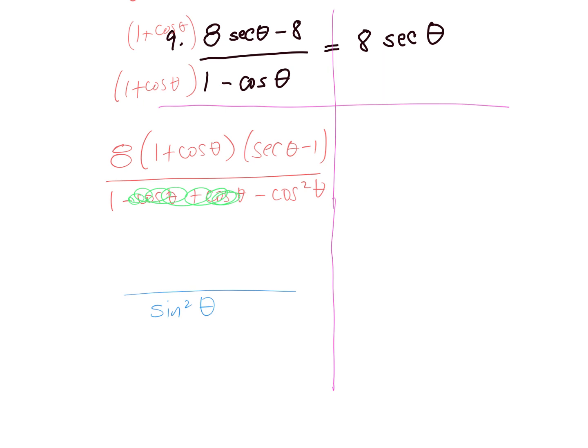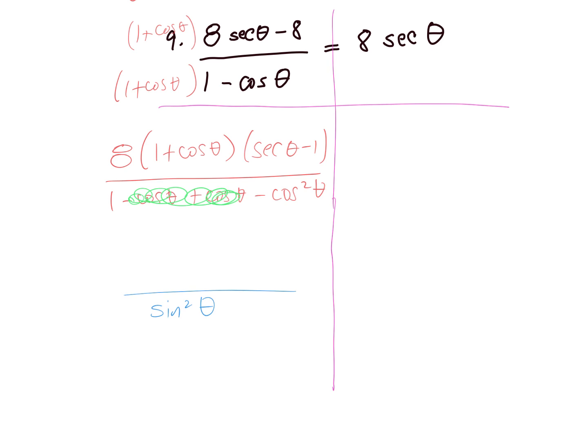And I have a positive one and a negative one. Means you're on the right track. You could, at this point, cross those out. Some of you are like, I would not even think or know how to do that. That's fine. I'm just letting you know that that's what, and then you'd have 8 over sine squared, which is the same as secant, but let me show you why.